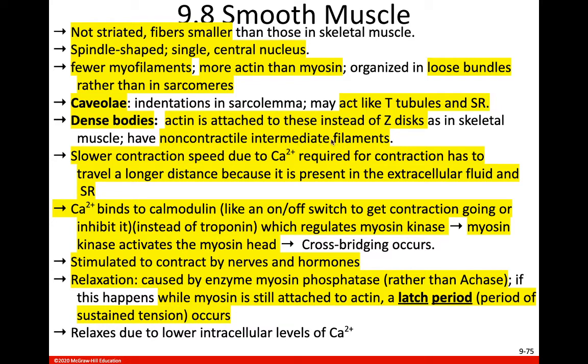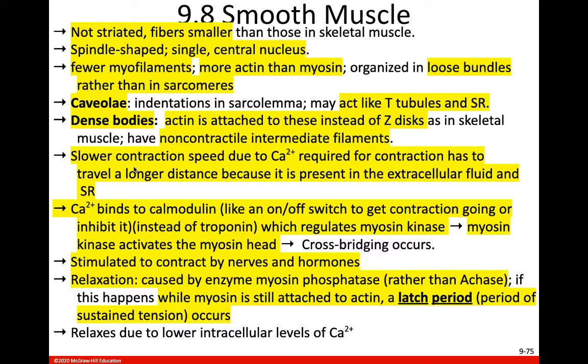These are protein filaments that are not found in skeletal muscle. They're only found in smooth muscle, and these do not contract. So they don't really change position. They don't really do any sliding or anything. They are non-contractile.